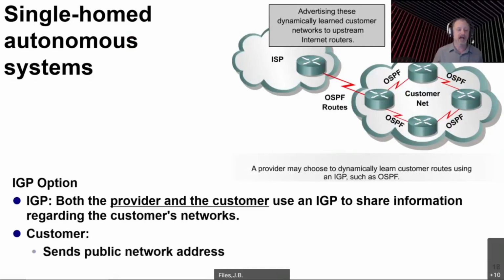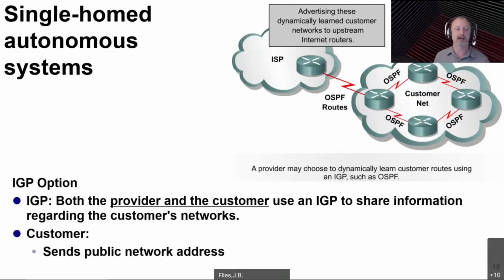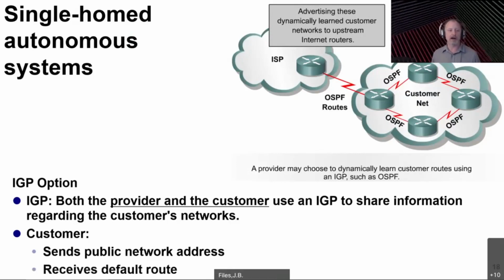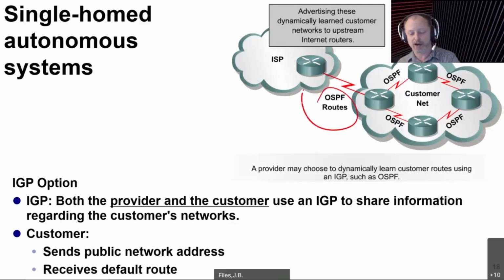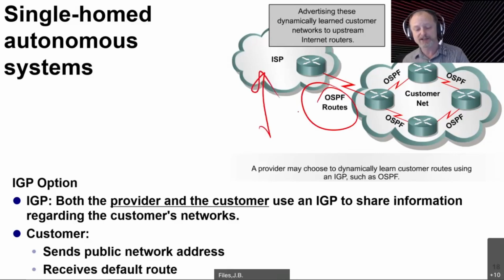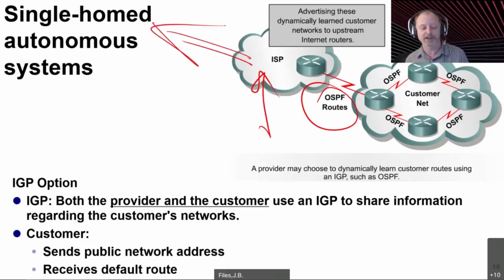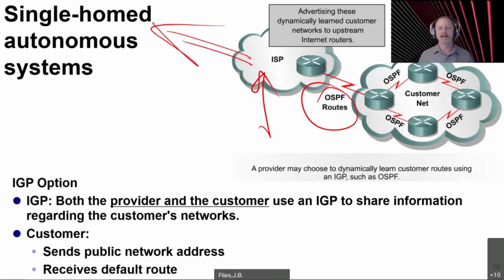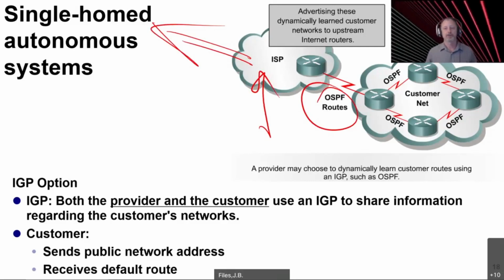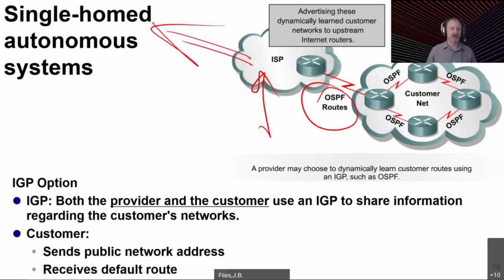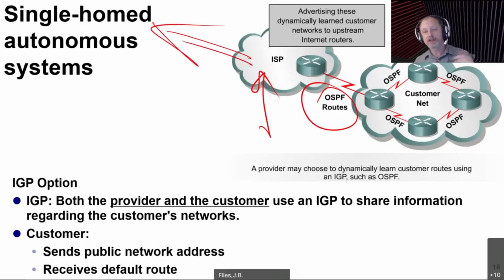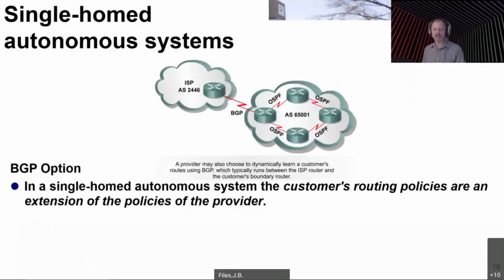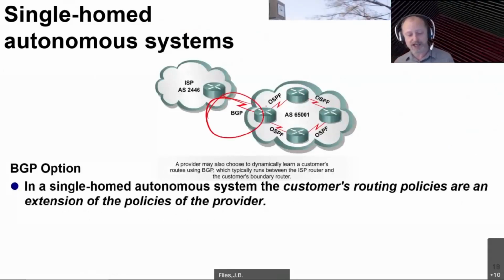So we would advertise our public network address, not private, but public, and we'll receive a default route, and we will coordinate that using an interior gateway routing protocol like OSPF, and then it would be the ISP's job to advertise our public networks via BGP. So that's probably one way to do it where you're not messing with BGP because you only have one connection.